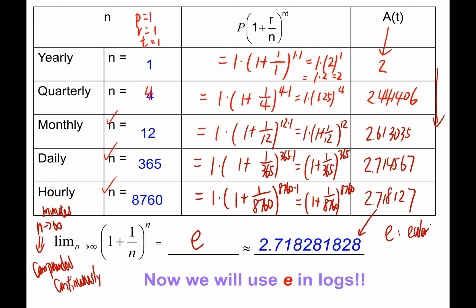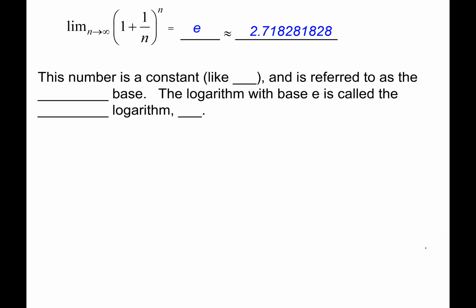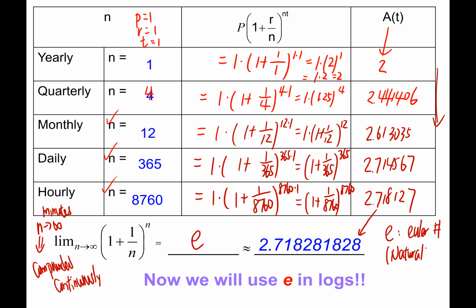The mathematician who discovered this using this procedure and with a formal proof is called Euler. He's a Swiss mathematician. We use this in population growth examples, right? Population growth is compounded continuously, meaning population increases or decreases on a continuous basis.